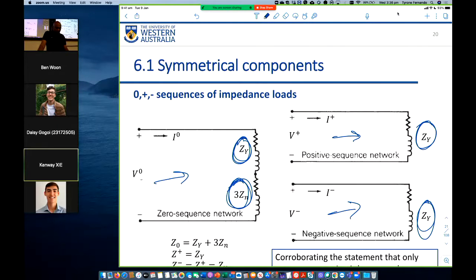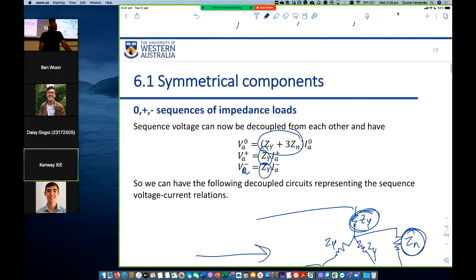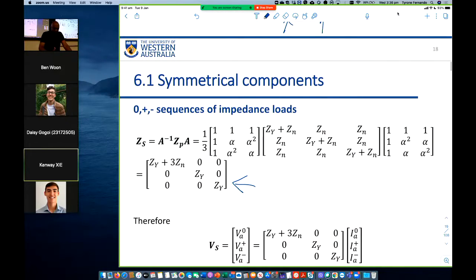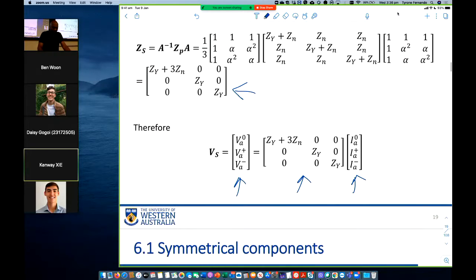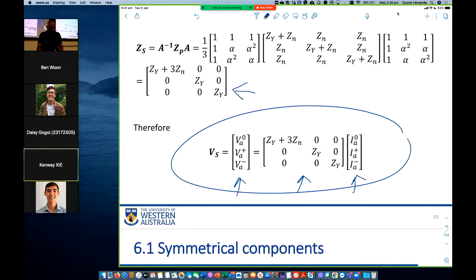For positive sequence, we're only going to have Zy. For the negative sequence, we're only going to have Zy. That's what we come up with. We came up with that through the relevant equations, because we ended up with this set of equations for sequence relationships of voltages and currents, and we find that the three networks are decoupled because this matrix is diagonal.